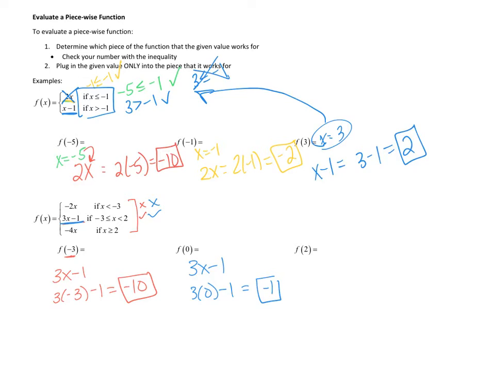So the last question for this is 2. So I go up here. Is 2 less than -3? No. Is 2 between and equal to -3, but less than 2? No. But it is greater than or equal to 2. So this time I'm going to use -4x. So -4 times 2 gives me -8.